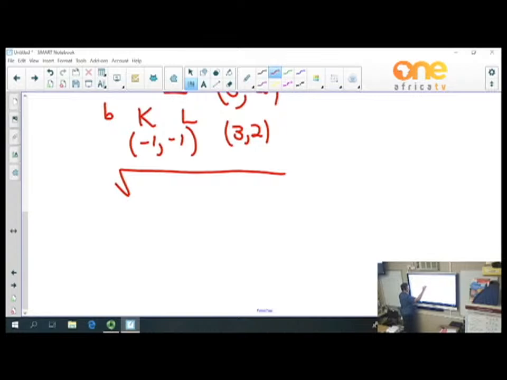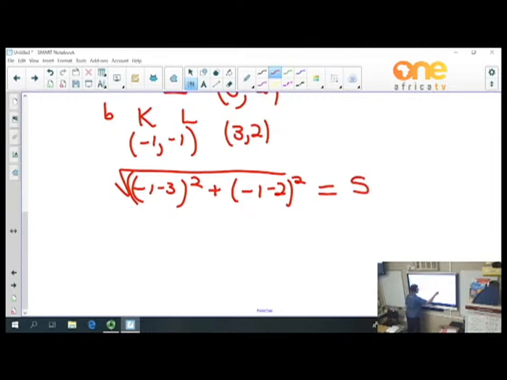You can choose any one. So -1 minus 3 squared, and we've seen we should put extra brackets there if you keep on getting wrong answers. Plus, on this side, it is then -1 minus 2 squared. So what is your answer for this one? Exactly, 5. Yeah, you're right.